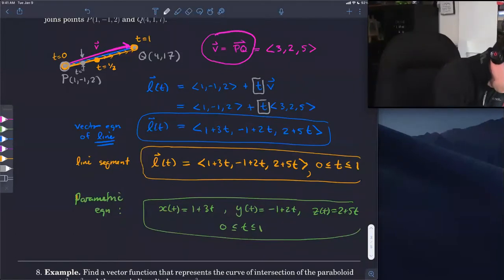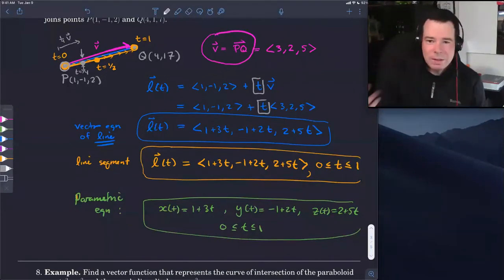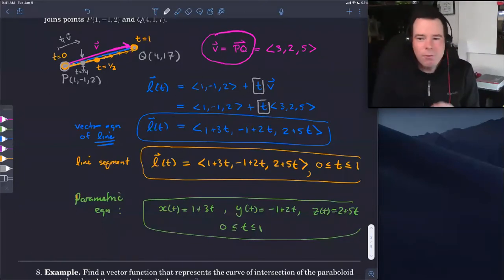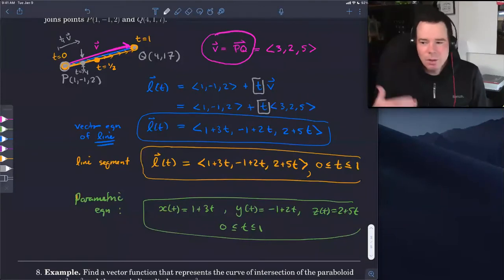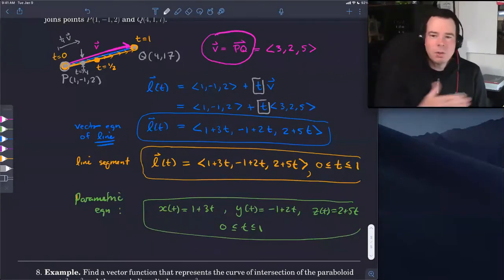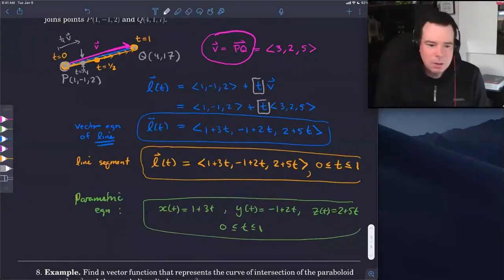So starting at P, I need to move a quarter of V along. And so that's what T is telling me. T is telling me how far along the direction of V have I gone. And I'd like to get all points between P and Q. So I have to let T be allowed to take on any value between 0 and 1 so that I get all points between P and Q.